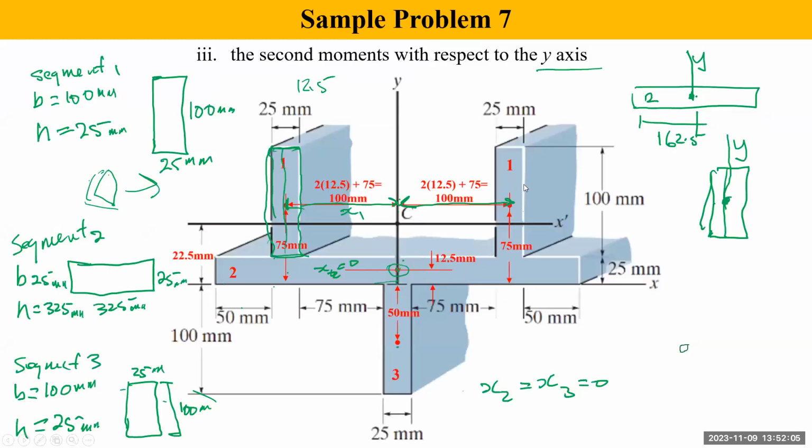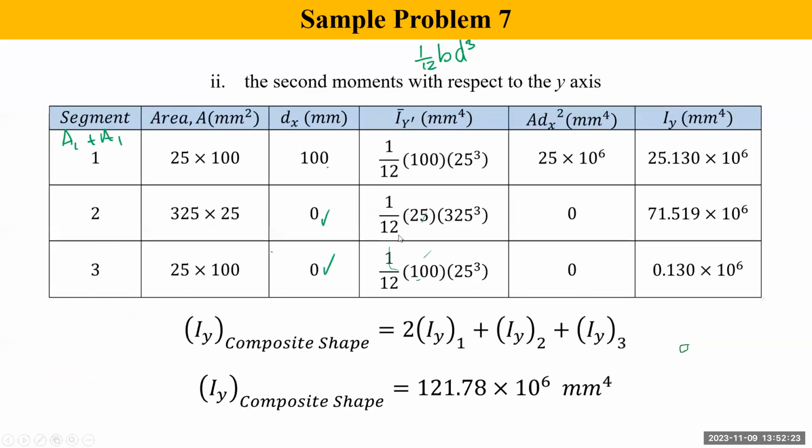So here is one and over there is one, so you have to double it. Same distance, 100, we get from them. You see it? So you would have to definitely do that.